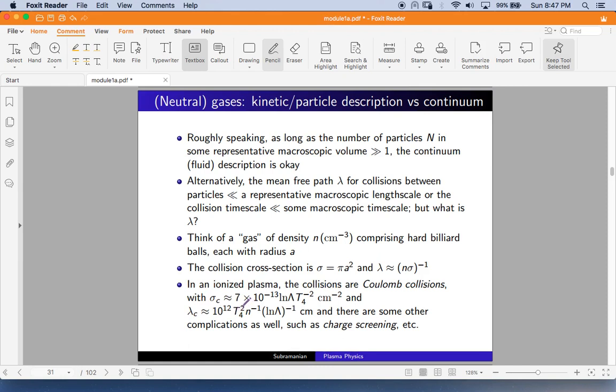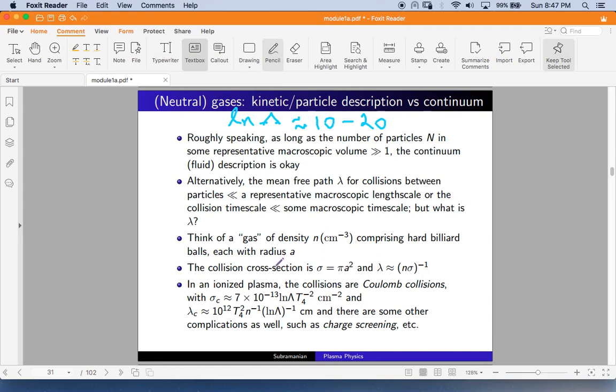It goes as the square of the temperature, and it goes inversely as the density. ln lambda is just a constant that we will talk about later. For the time being, just take it to be a constant, which is about something like 10 to 20.